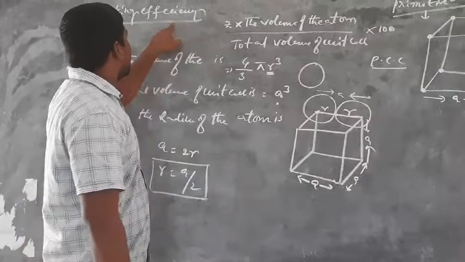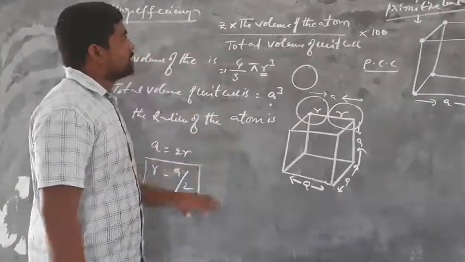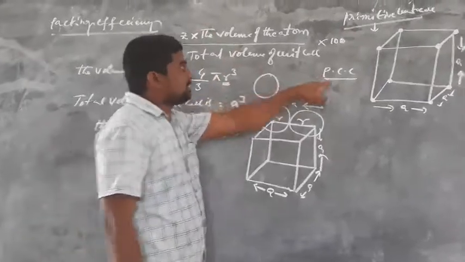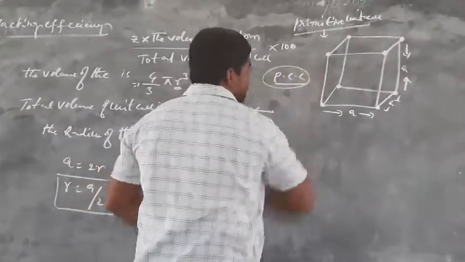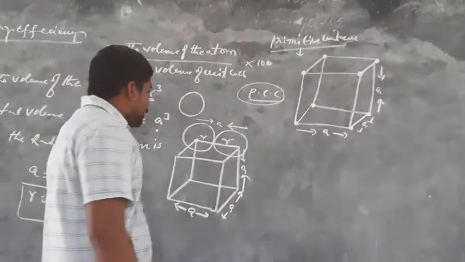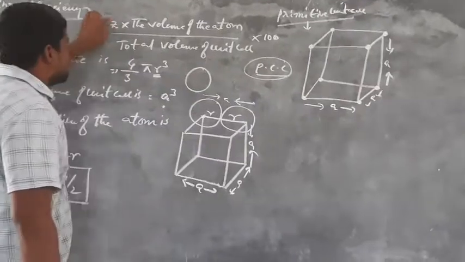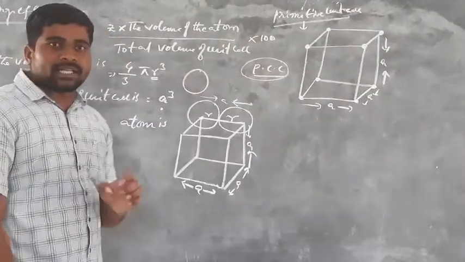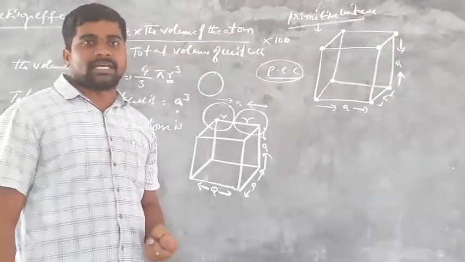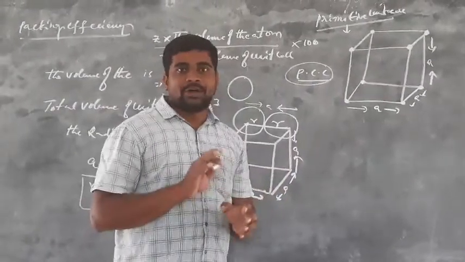Now we discuss the packing efficiency. What is the packing efficiency in the first crystal? PCC means primitive cubic unit cell. First you have to find the value of Z. What is the meaning of Z? Z means the number of atoms present in the unit cell.